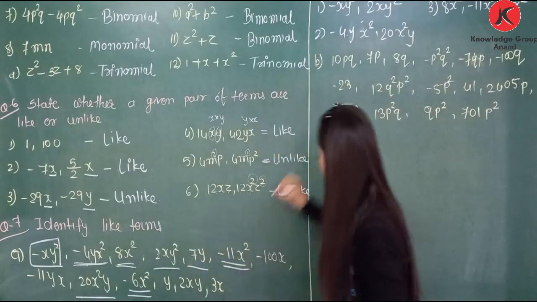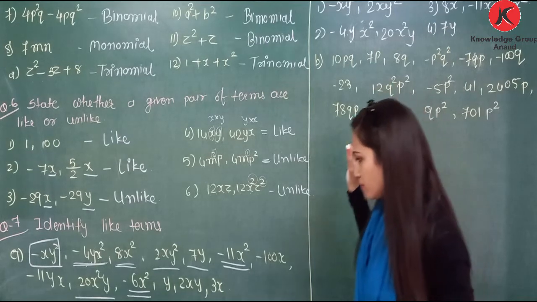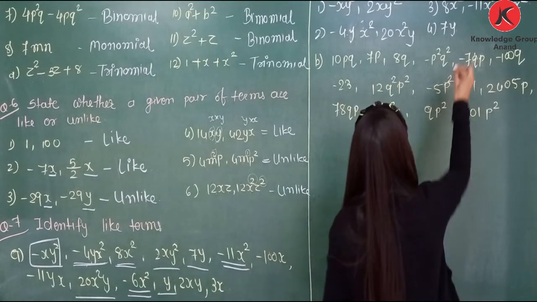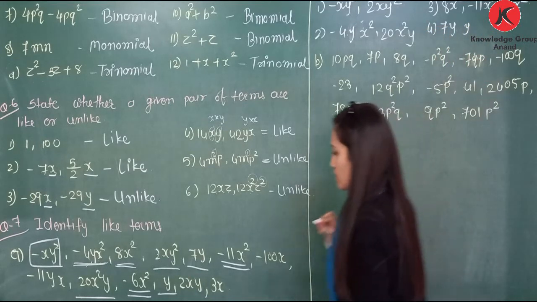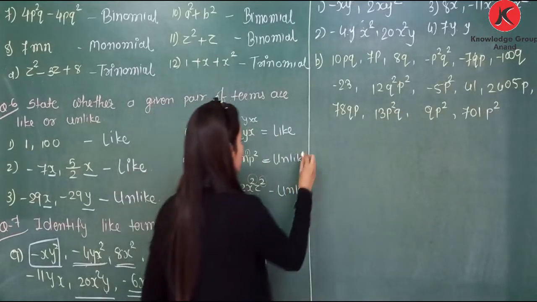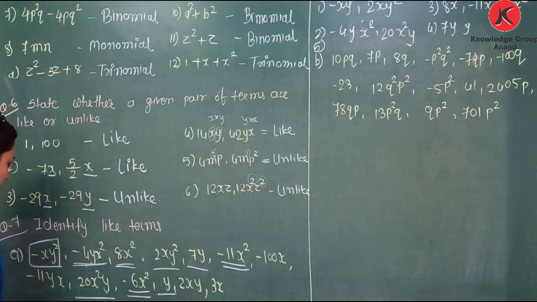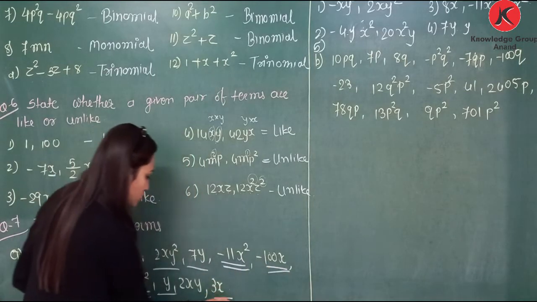7y. Is there any term with y? So yes, it is only y. Let's write the next pair here. Fifth one, minus 100x. Is there any term with x? Yes, minus 100x and 3x.